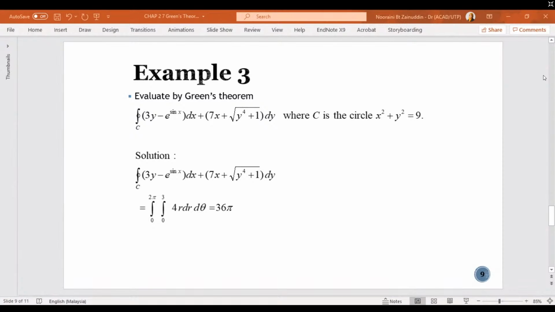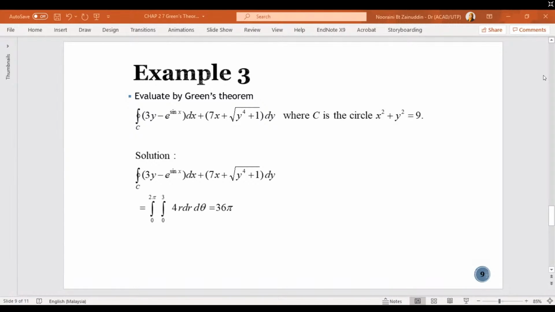But basically just apply Green's theorem, no need to do the line integral. It should become simple. So, evaluate by Green's theorem: 3y minus e to the power of sin x dx plus 7x plus the square root of y to the power 4 plus 1 dy, where C is the circle.